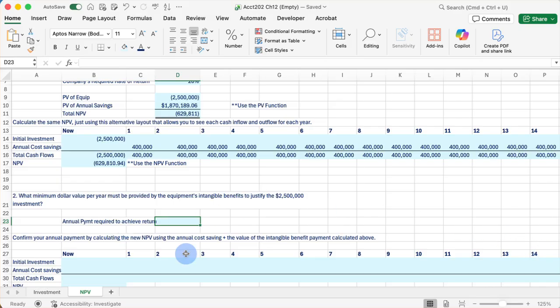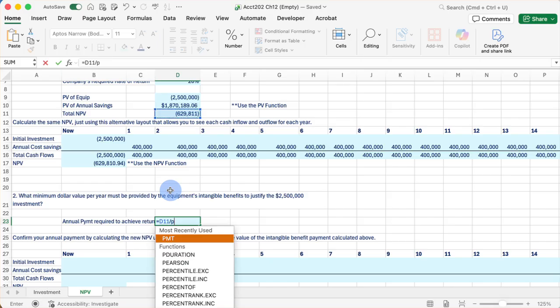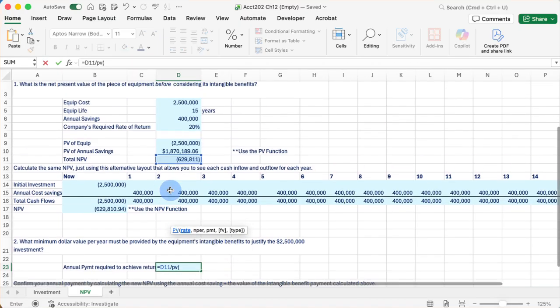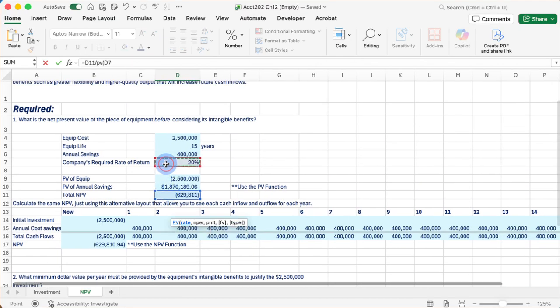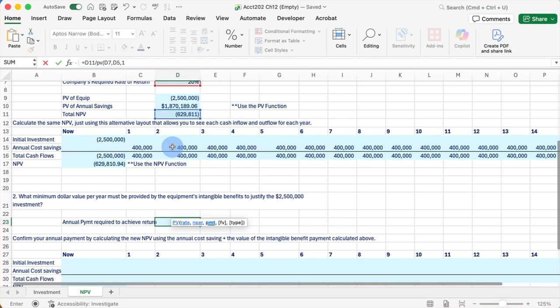So for us to calculate this, we're going to say equals our current present value, and we're going to divide that by the present value. So you'll type PV, open parentheses, and then the rate is 20%, periods is 15, and in this case, the payment is $1 because we're trying to figure out, on the value of the dollar, how much we would need to justify this current amount.